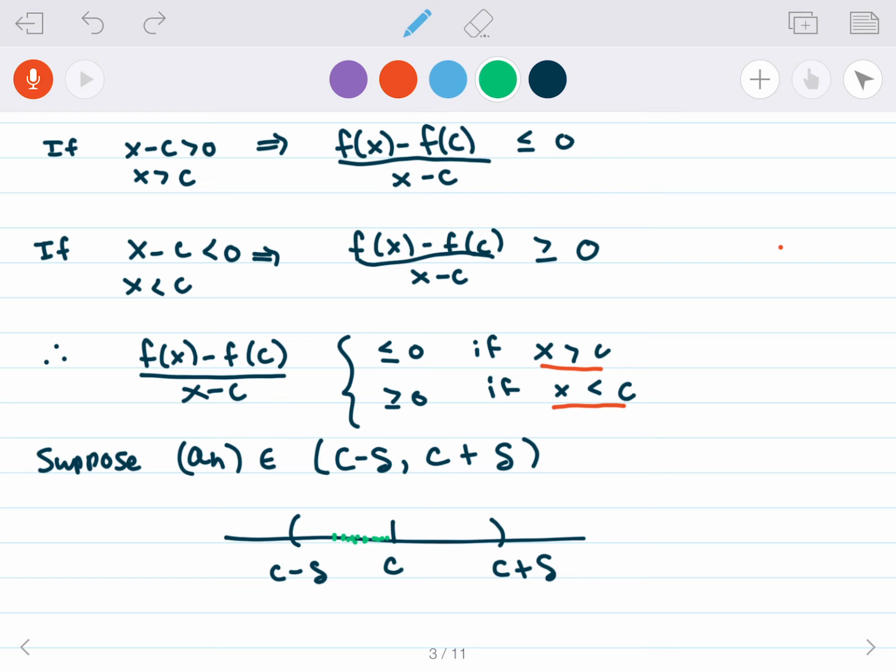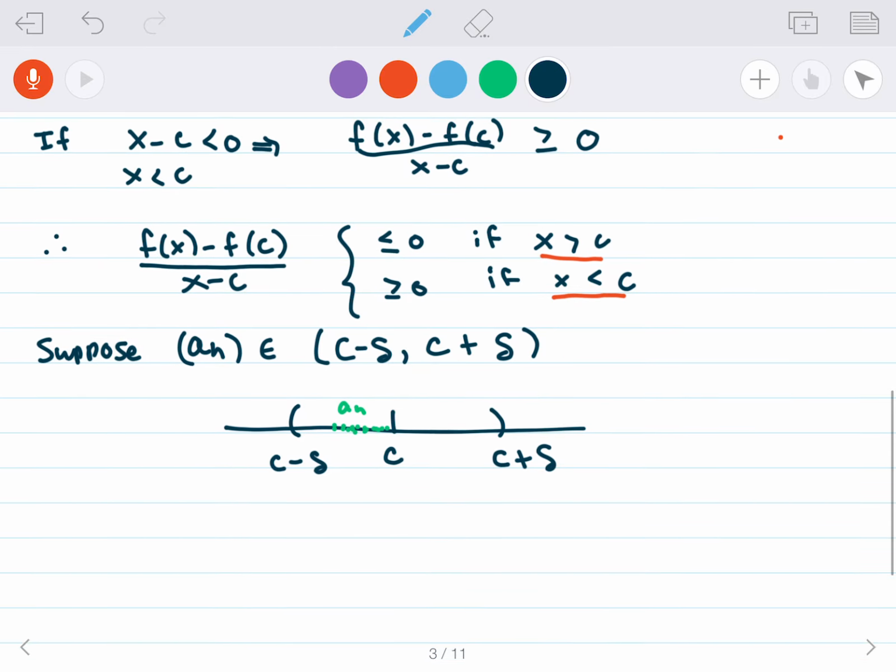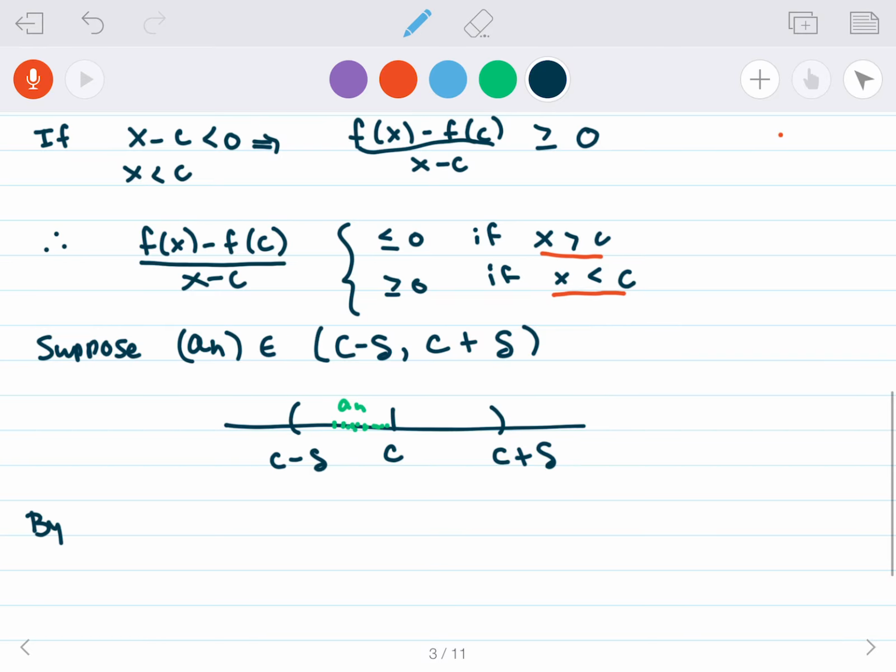So I have my a sub n converging to c. And by the sequential criteria for limits, we have the following.